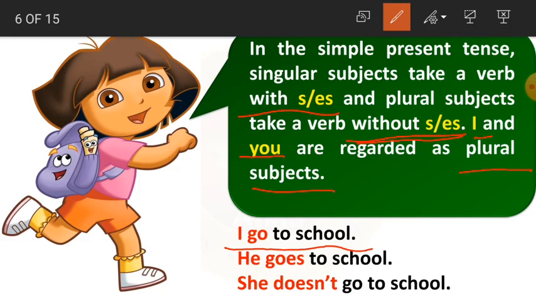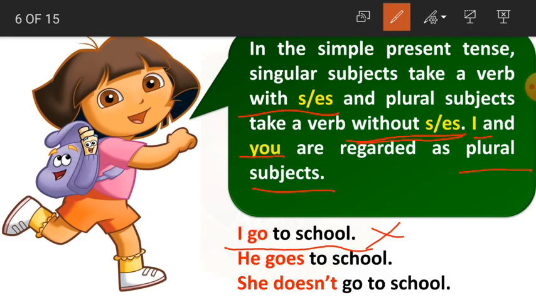So why have we kept go here? In the first sentence, the subject is I, and the sentence is in present tense. Because I is a plural subject, the verb must not have s or es. That is why I go to school. Clear, children? I is the subject.